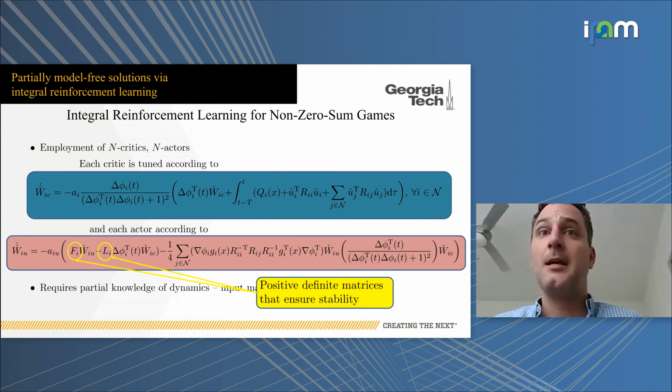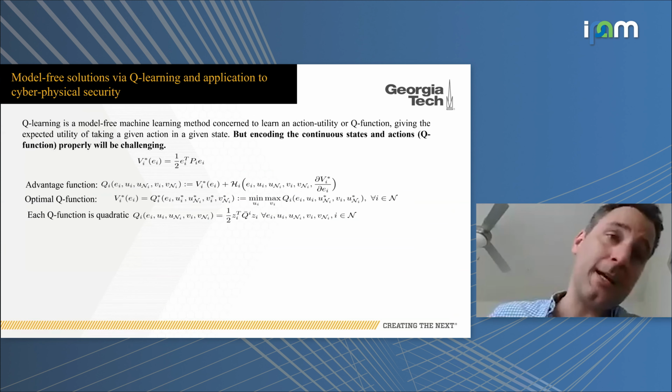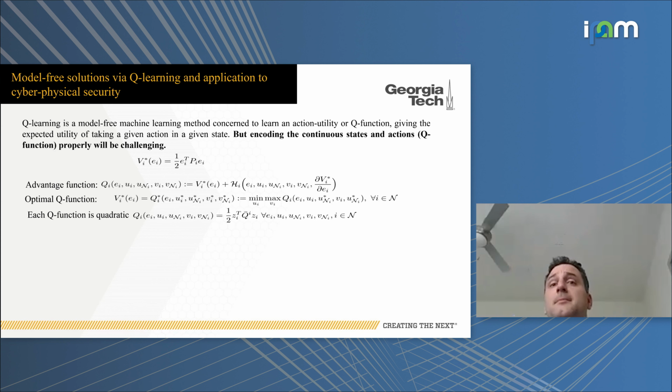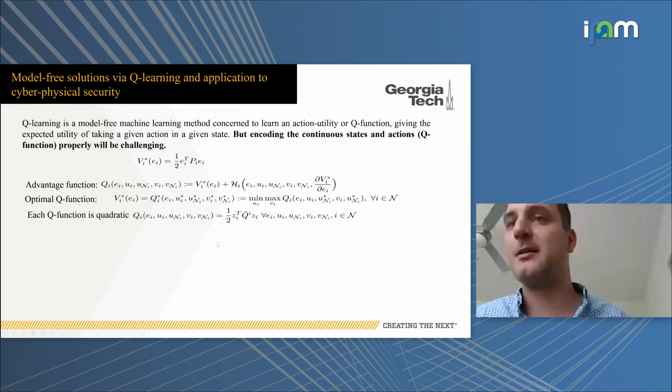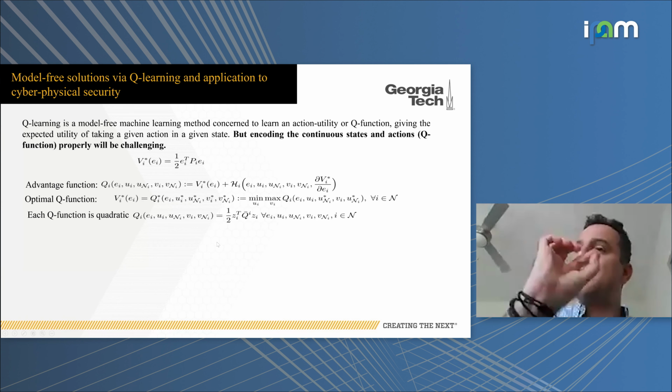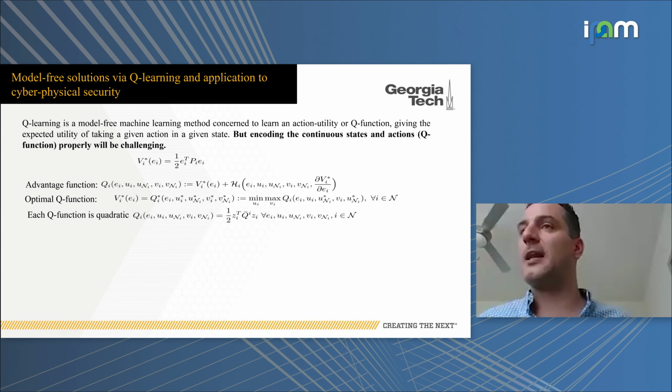Okay. Of course, we can go back and do everything model-free, and then we can use Q-learning mechanisms, okay? And again, the idea is the same, but we have to redefine what is called an advantage function. An advantage function for this scenario will be: what if I knew the optimal cost V_i star, plus the Hamiltonian of the system given V_i star, which is only the Lagrangian?